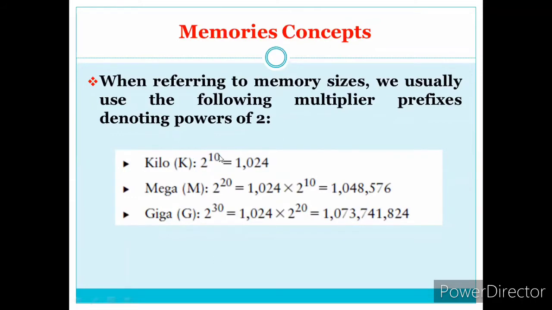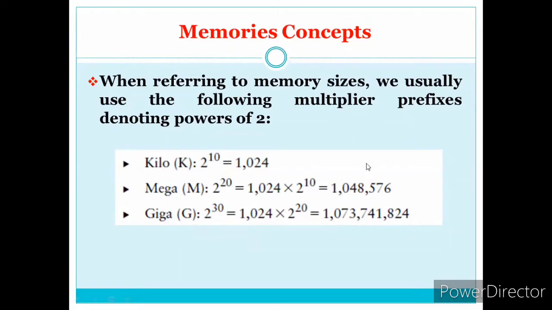Kilo means 2 raised to 10, mega means 2 raised to 20, giga means 2 raised to 30. 2 raised to 10 is 1024. 2 raised to 20 is 1024 into 1024, which is 10,48,576. 2 raised to 30 is 1024 into 1024 into 1024, which is 107 crore 37 lakh 41,824. So this is the size of the memory.